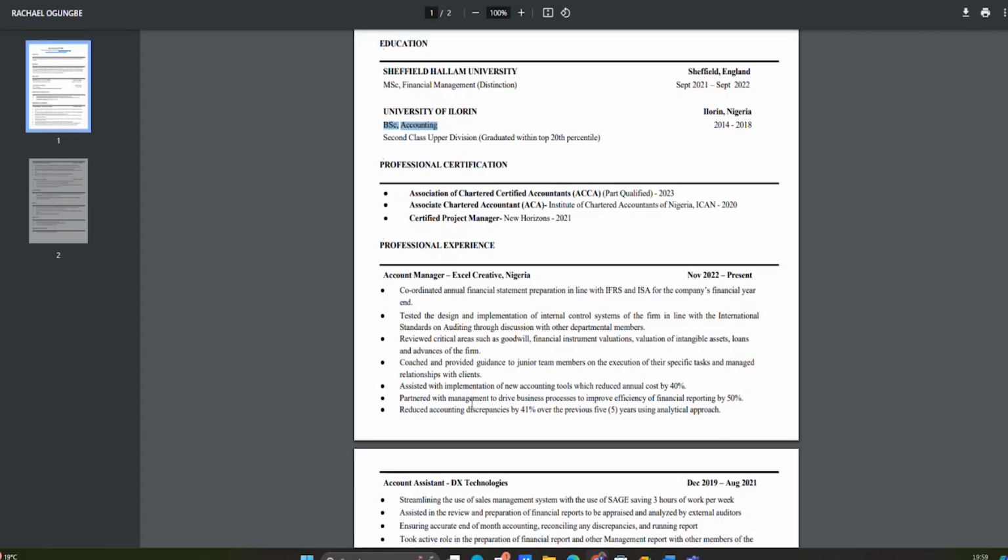There are two different things. Experience of using a particular tool is the experience of using Excel, which you have been using since forever. Or the experience of working in a similar role, a role that requires you to submit monthly records and reports, go through records, reconcile records, and all sorts of things.